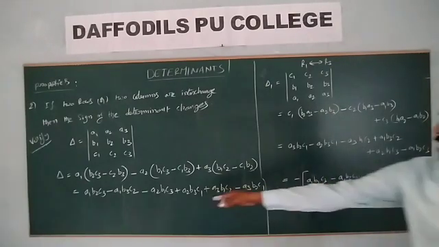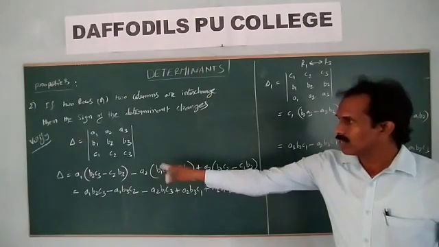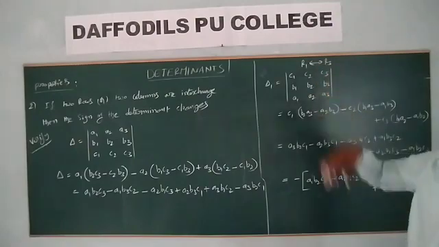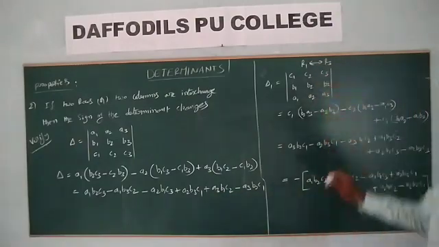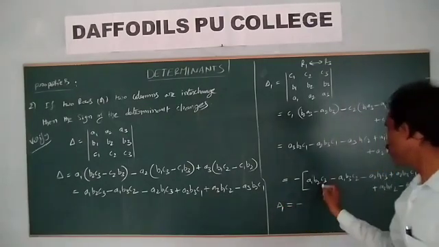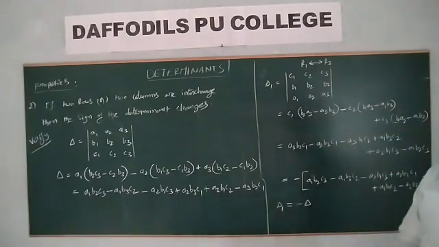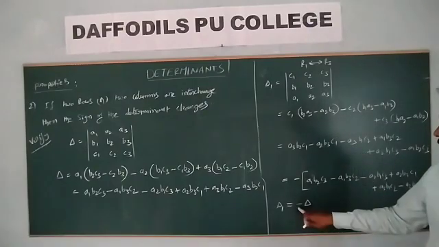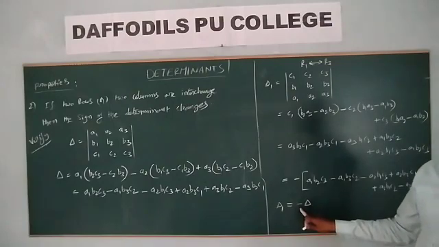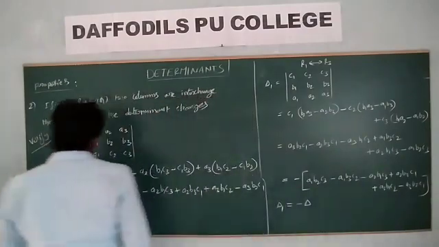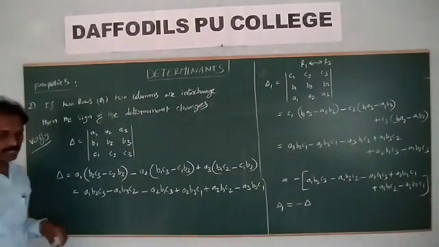So this is the value before the rows R1 and R3 are interchanged. After interchange, this determinant value is equal to minus of this one. Therefore, if any two rows or two columns in a determinant are interchanged, the sign of the determinant will change. This is the second property.